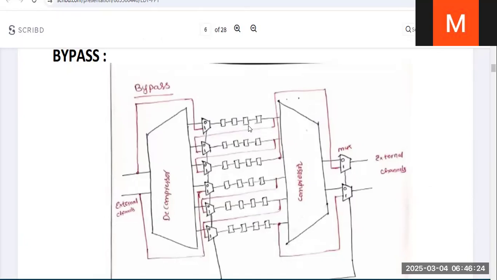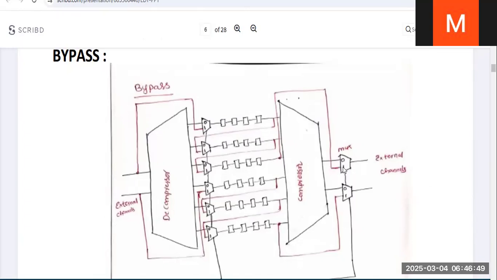Normally this is compressed with 1, 2, 3, 4 flops. 3 times 4 is 12 flops. So if you go with the bypass logic, we require 12 clock cycles. If you haven't used the bypass logic, with the help of 4 clock cycles we are able to drive all these chains.